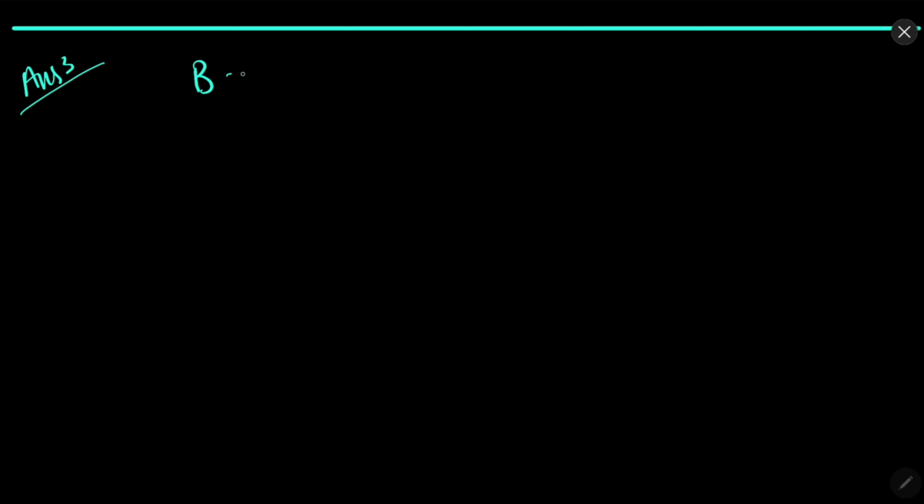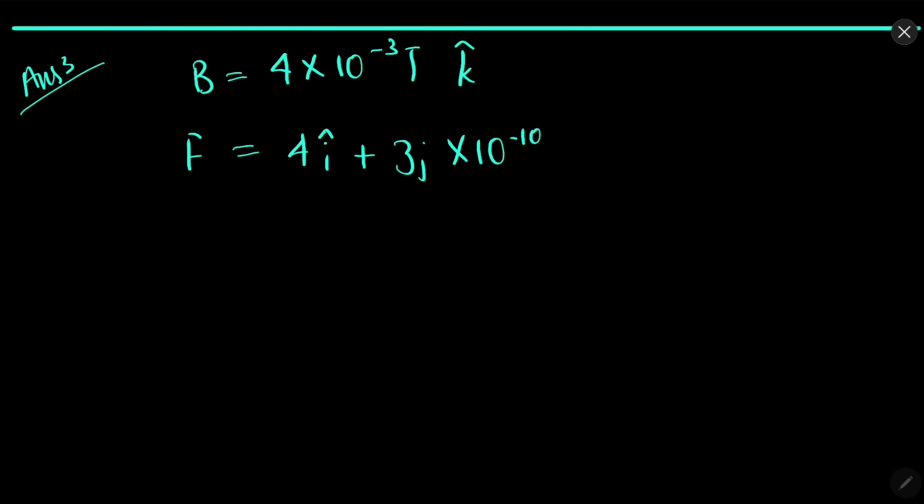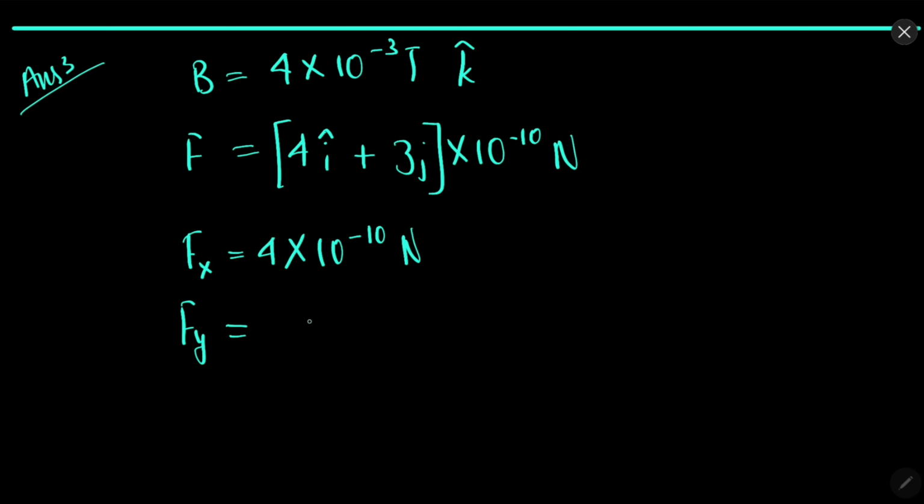So what we have is magnetic field in k cap direction, and force like this. In x direction the force is 4 into 10 to the power minus 10 Newton. In y direction it is 3 into 10 to the power minus 10 Newton.